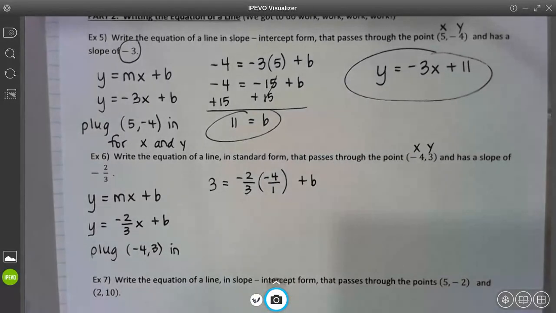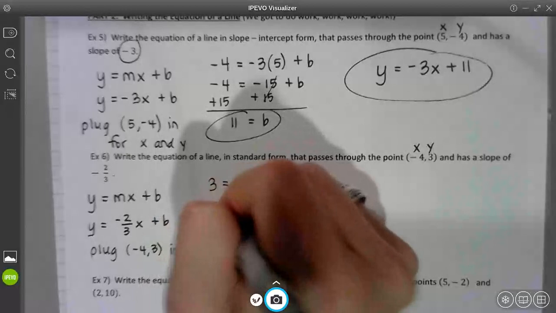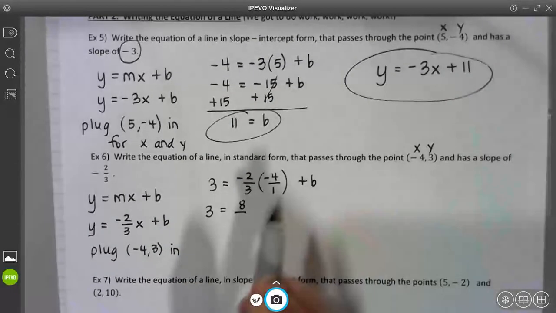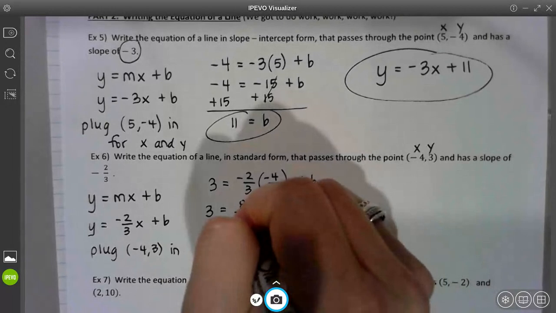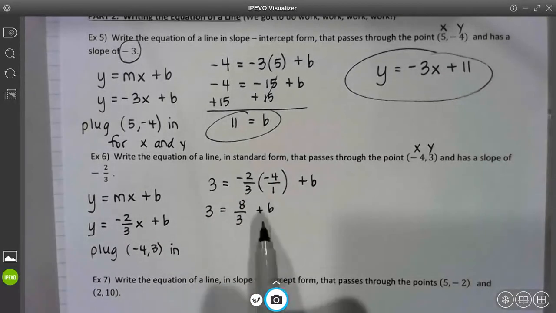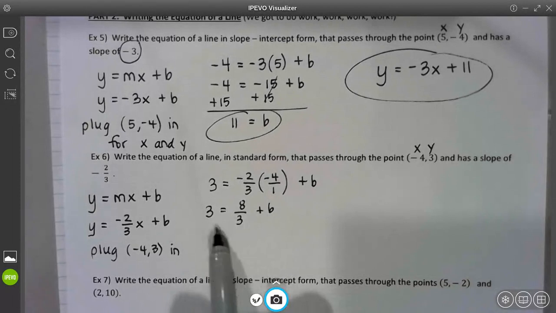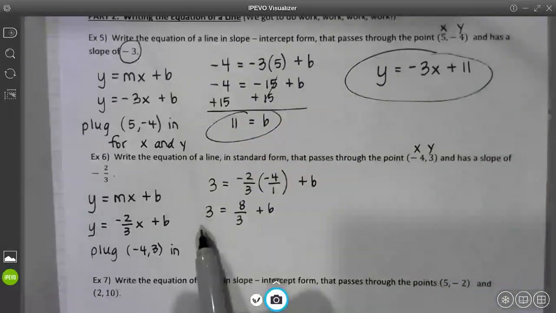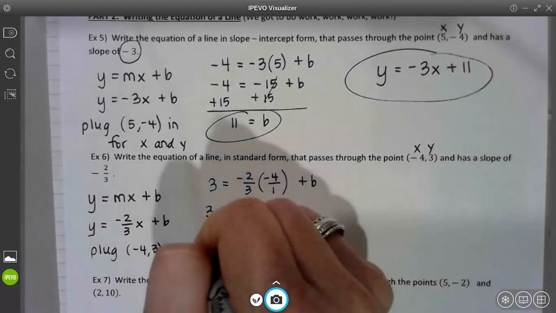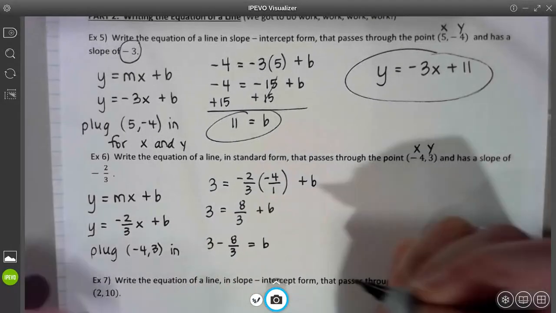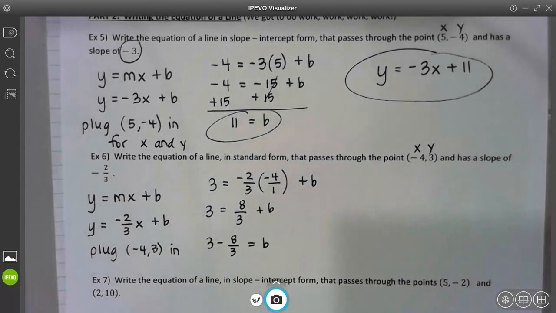All right, so let's clean it up. 3 equals, on top, -2 times -4, +8, over 3 times 1, +3, and then plus b. Guys, the only thing we have to do to get b by itself is minus the 8/3 to the other side. So I already have 3 on this side. I need to minus the 8/3 from it. So I need to do 3 minus 8/3, and that will equal my positive b, right? I'm just minusing the 8/3 to the other side.